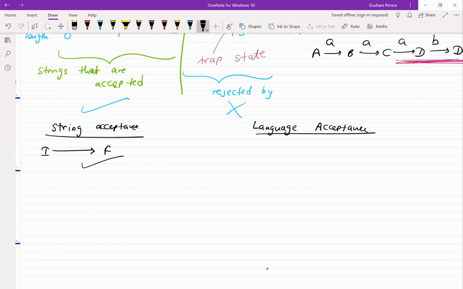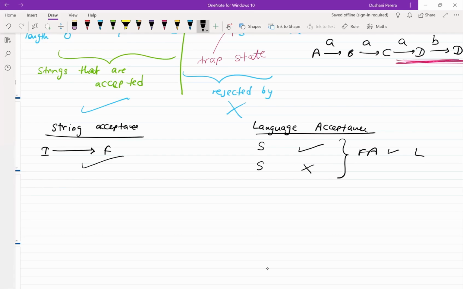Okay. Language acceptance is what we just talked about earlier. We say that a language is accepted or represented by the finite automata if the strings that are in the language are accepted, okay, and the strings that are not in the language are rejected. We say that this particular finite automata represents the language.